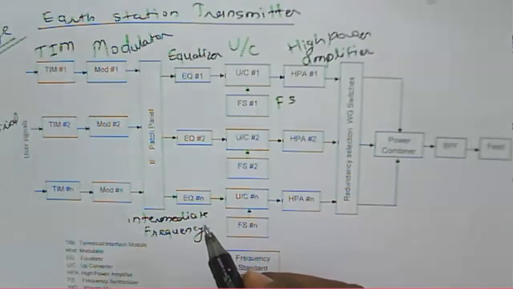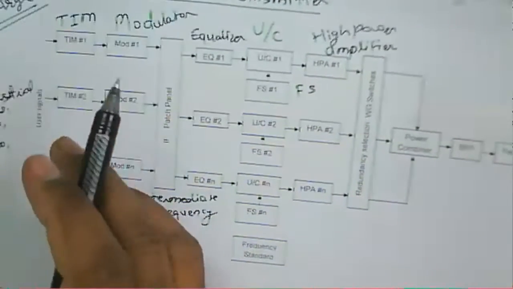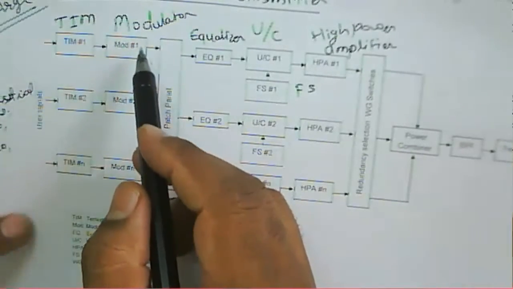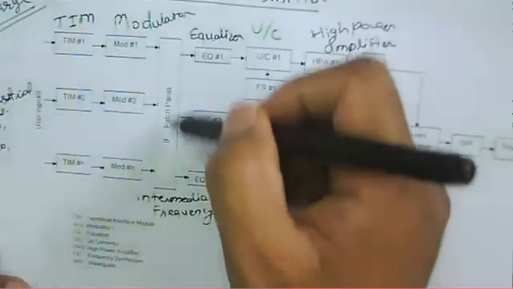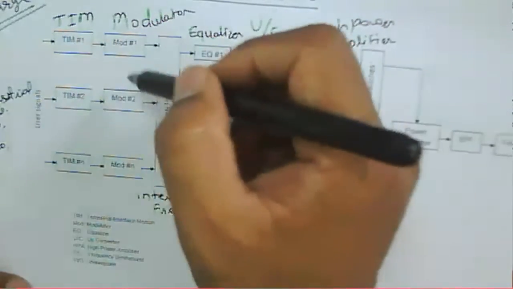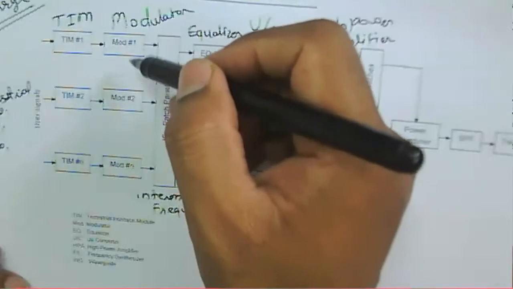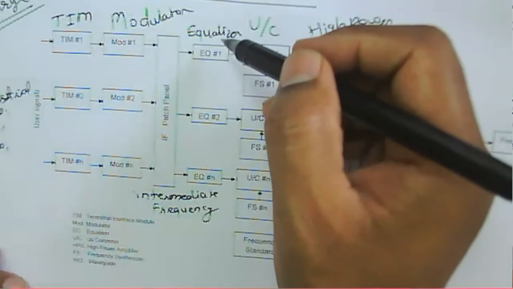So now we can consider here for this terrestrial interface module, we have a modulator. So it will generate an IF. Various IFs are generated for the various modulators we have, and that is input to the equalizer.